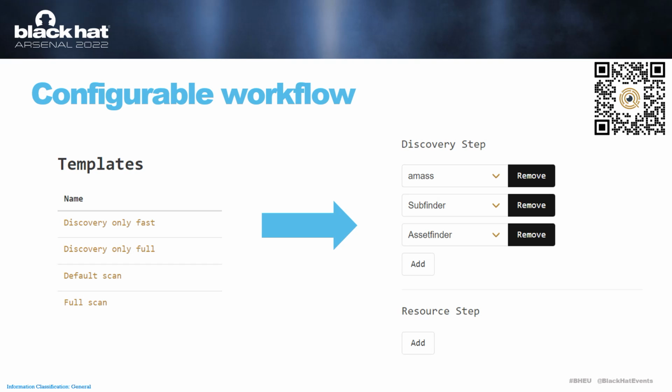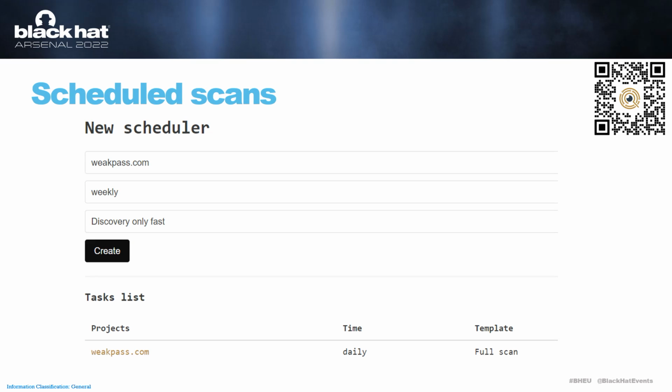Use one workflow to quickly scan resources and another workflow to scan more deeply, which will take much more time. You can create your own scheduled scans or monitor scans that will run on a daily, weekly, or monthly basis. You can choose their own workflows for scheduled scans.